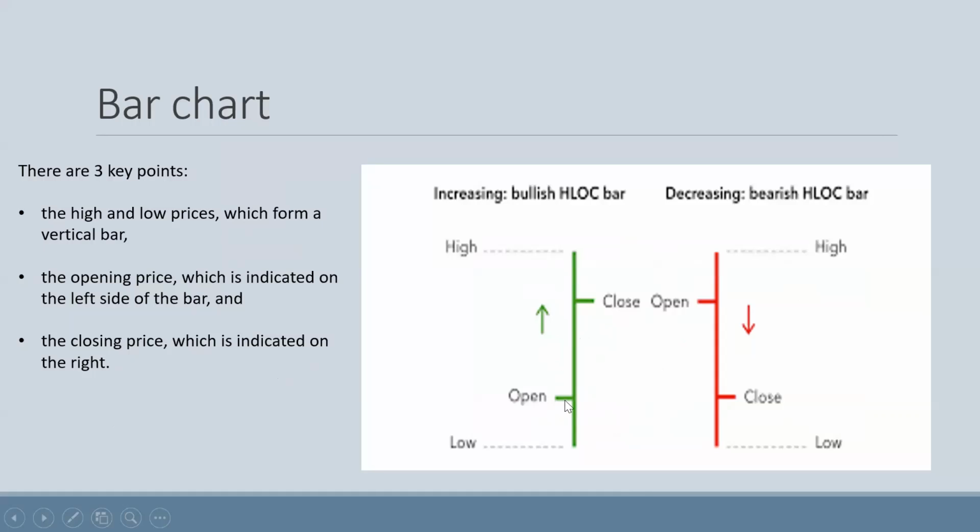And when it closes, at that price, it brings out a horizontal line at the right. Now, this vertical line here is just to show you the highest price that happened during that time frame and the lowest price that happened during that time frame. Do we understand?